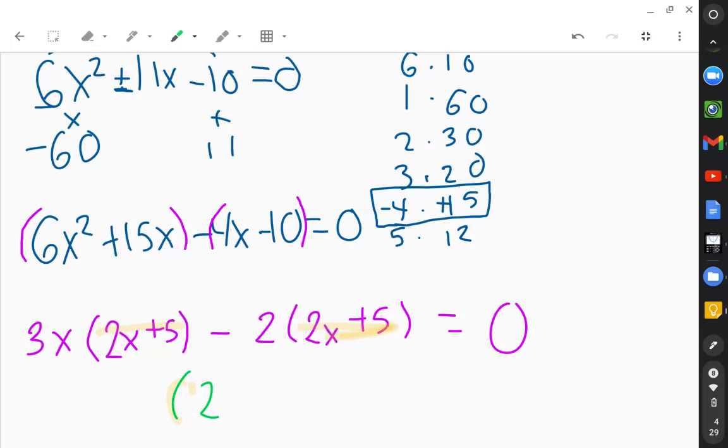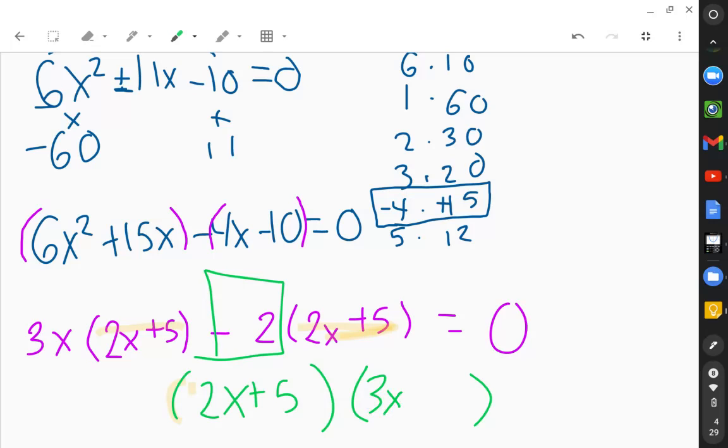So 2x plus 5 times, what's going to be the other binomial? Well, let's look at these two terms that are multiplying on the outside of these binomials. So 3x minus 2. You'll set these equal to 0 if you need to find the roots from here.